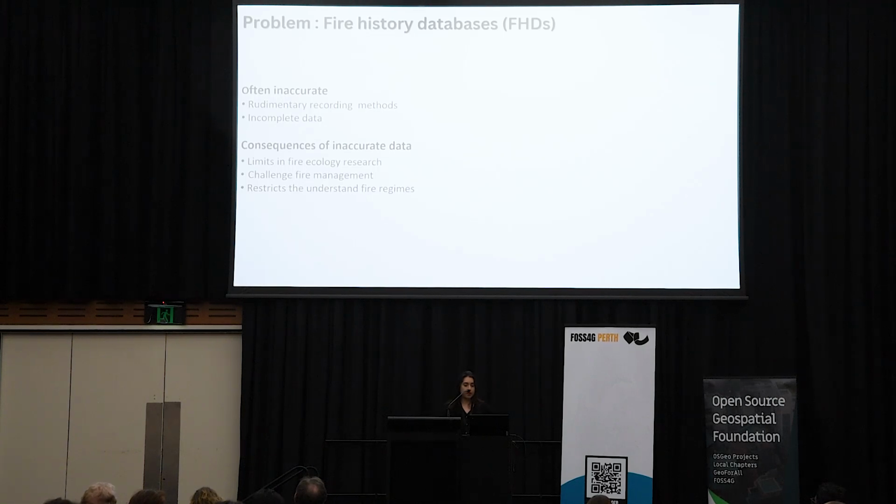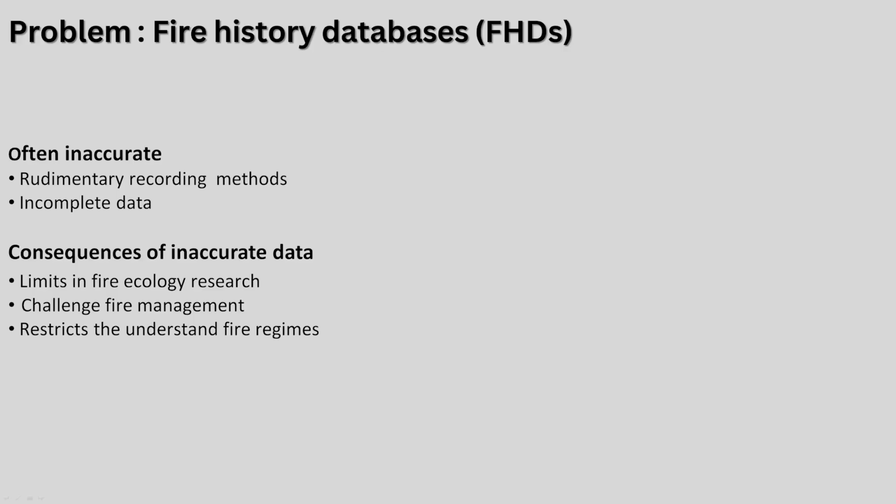And the amount of incomplete data and incomplete attributes is also significant. So the problem in this situation is that it limits appropriate research in fire ecology and challenges fire management, as well as restricts the understanding of fire regimes, such as the study that I've been doing in my PhD.